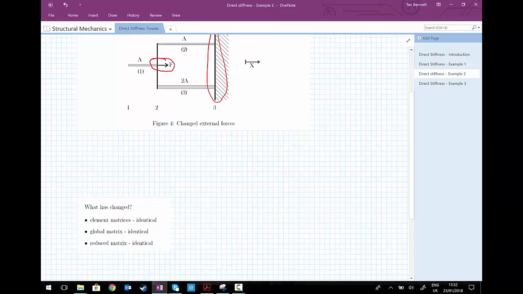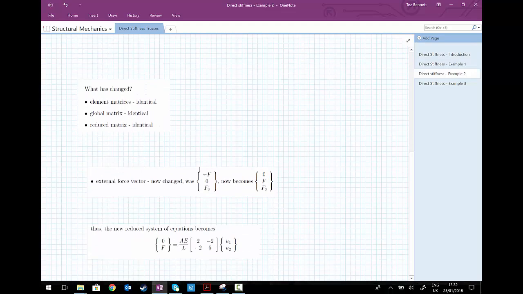We now have the external force F at node 2, so we insert that in the second row of our external force vector. So F, and it's in a positive direction, so it's positive F. And we have no external force at node 1, so the value there is 0, and we still have the unknown reaction force F3 at node 3.